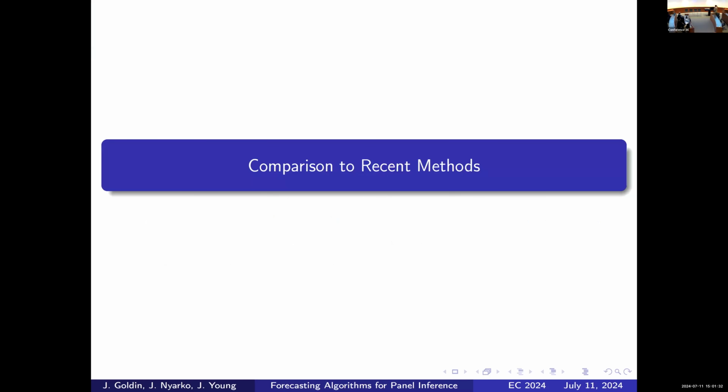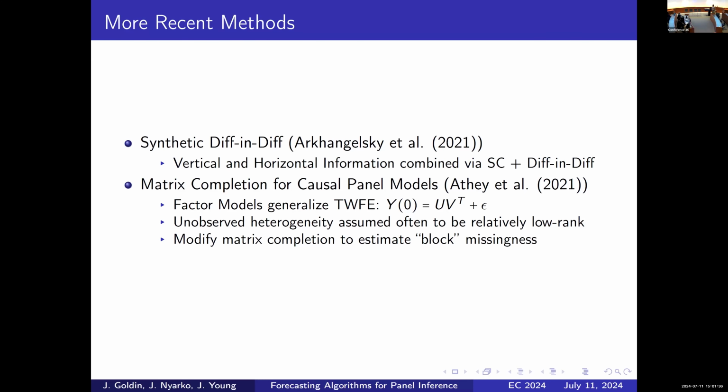So how do we compare against more recent methods that have come out? Two of note are synthetic difference of differences, which combines a synthetic control type approach with a difference of differences approach, and in that way leverages information in the panel along both axes. Another is matrix completion, which again utilizes information along both axes simultaneously.